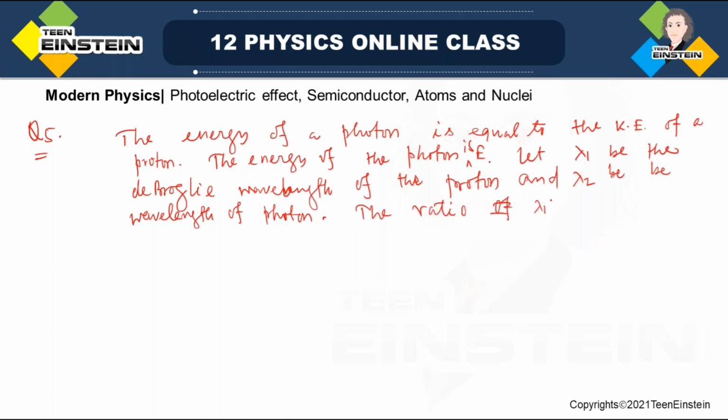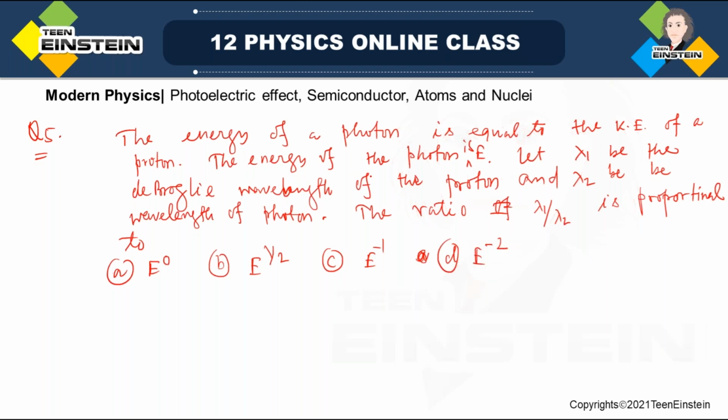Repeat the problem. The energy of a photon is equal to the kinetic energy of a proton. The energy of the photon is E. Let lambda 1 be the de Broglie wavelength of the proton and lambda 2 be the wavelength of the photon.